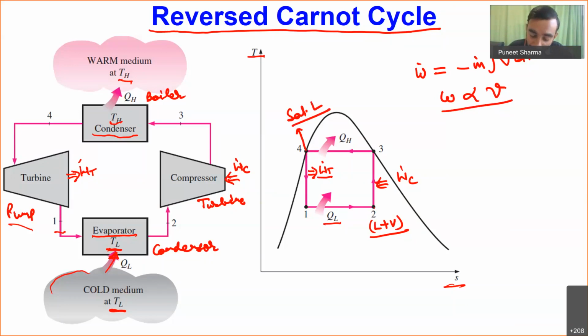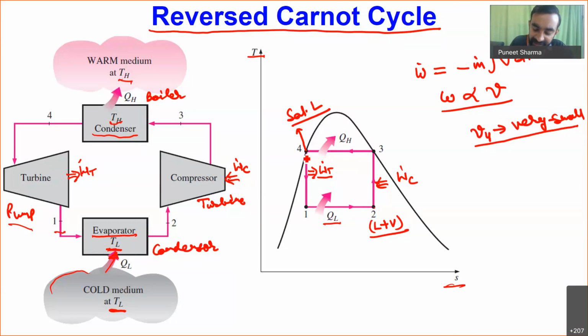Okay, so now specific volume at point number 4 will be very, very small. Why will it be very small? Because state number 4 is in the liquid phase. We know in the liquid phase we have high density of the substance, and specific volume is the reciprocal of the density. So at point number 4, our specific volume will be very, very small.